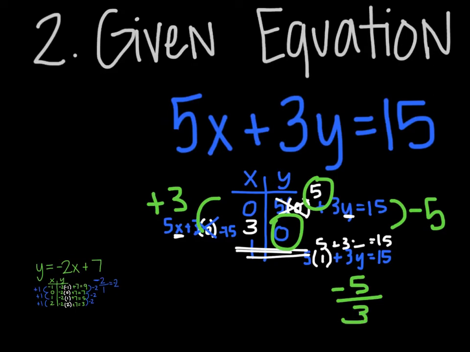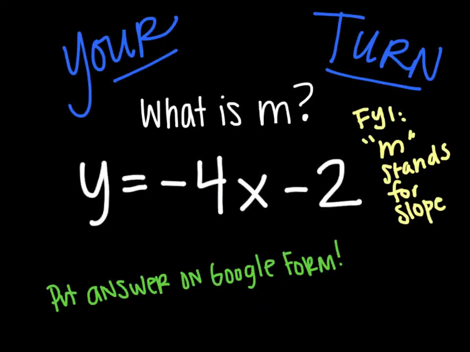In other words, my slope, m, is negative 5/3. All right, your turn. What is m when y equals negative 4x minus 2? And don't forget to make a table and then put an answer on the Google form.